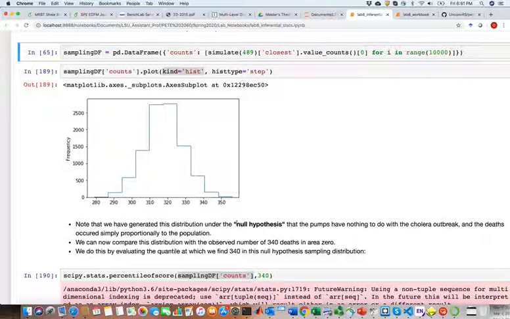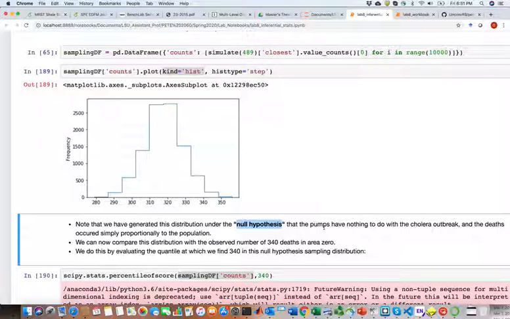This distribution has been generated under the null hypothesis, meaning the pumps have nothing to do with the cholera outbreak, and the deaths could simply be proportional to the population. Again, that is a null hypothesis. The hypothesis you're trying to test will be inverted, and that's the null hypothesis.